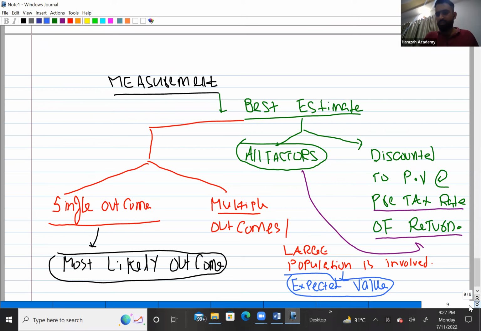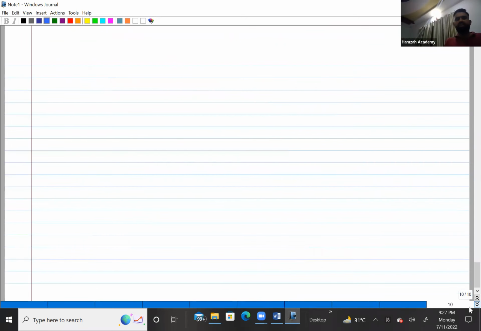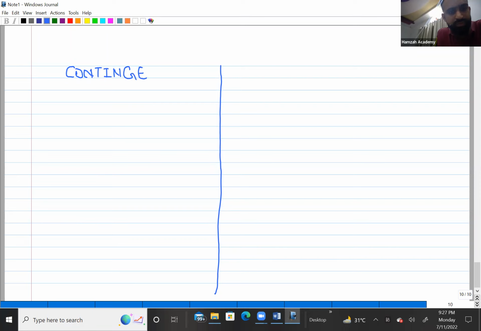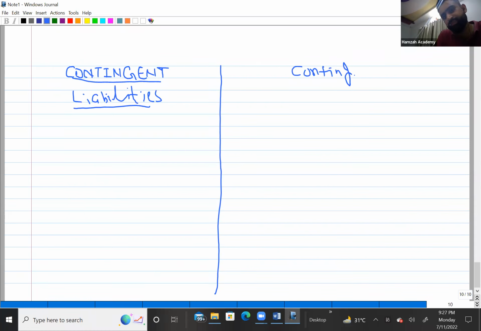Now we have two more things in IAS 37, and those are number one, contingent liabilities and contingent assets.